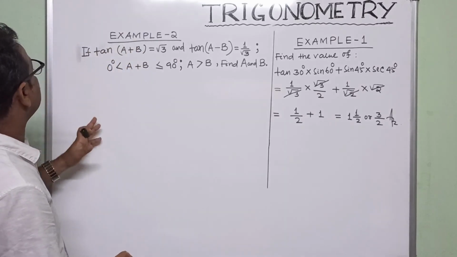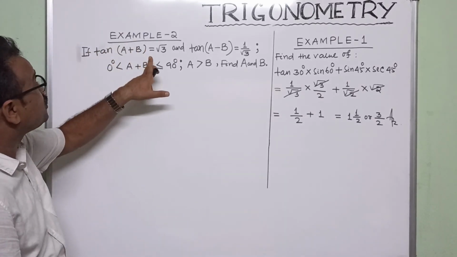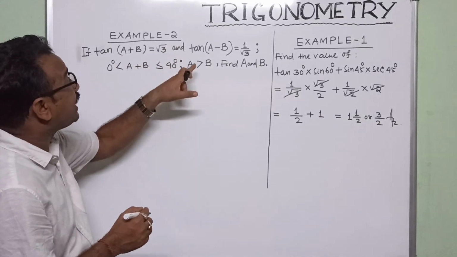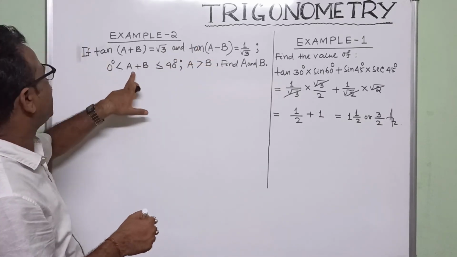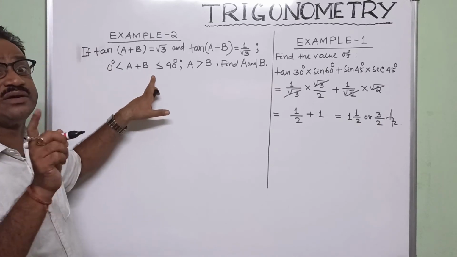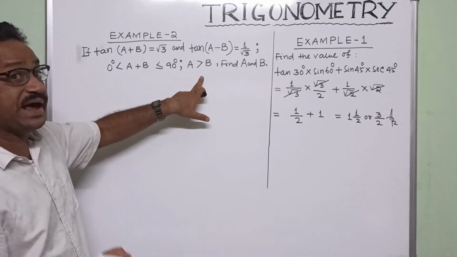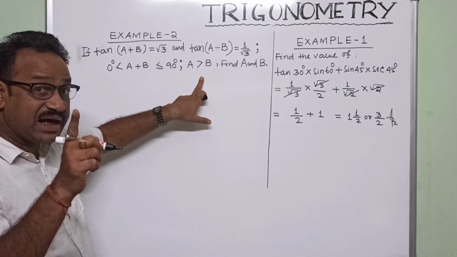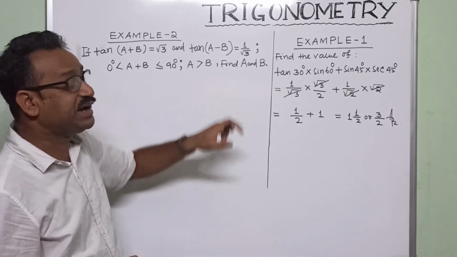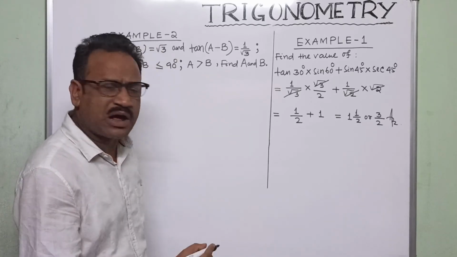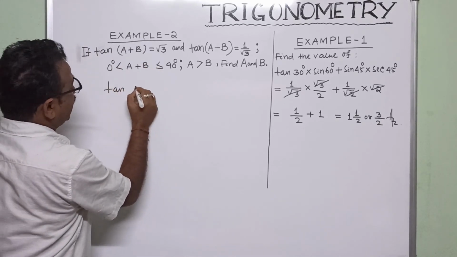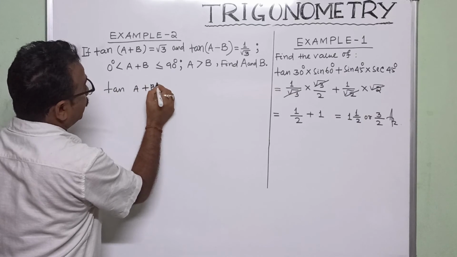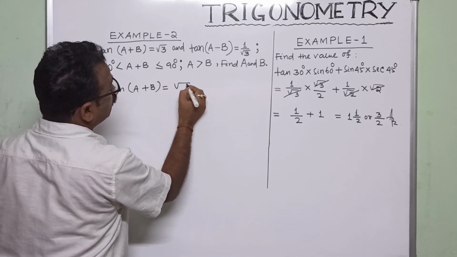In example 2, if tan a plus b is equal to root 3 and tan a minus b is equal to 1 by root 3, 0 degree less than a plus b less than or equal to 90 degree, a greater than b, angle a greater than angle b, find a and b. Okay, now see, here tan a plus b is equal to root 3.